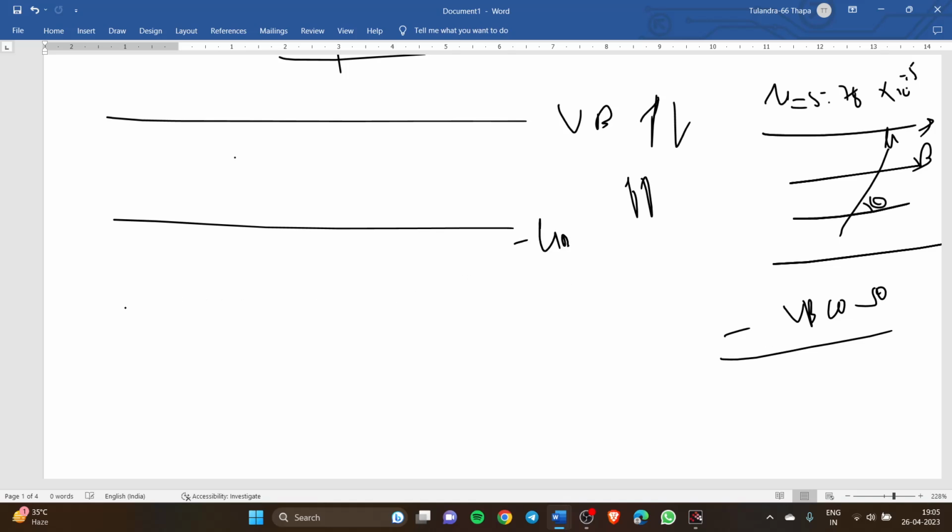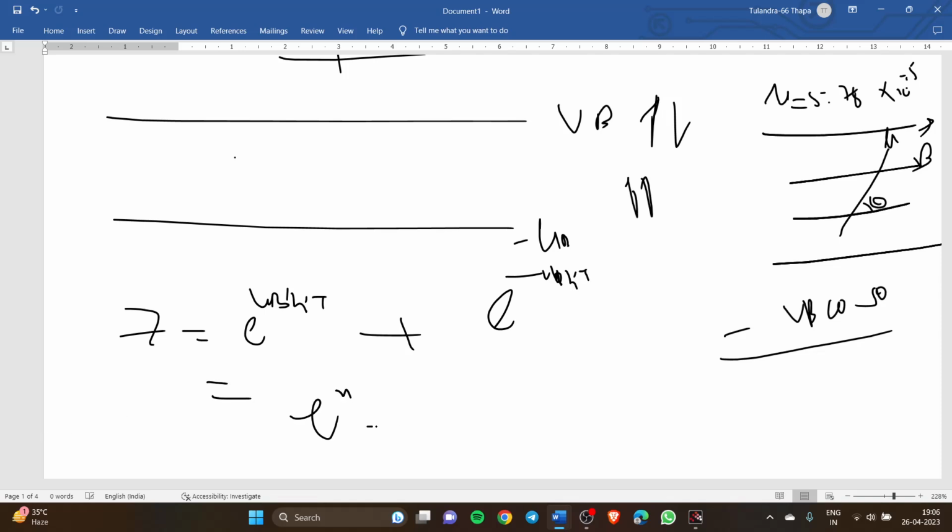Here we have many formulas. Z is equal to e to the power mu B upon kT plus e to the power minus mu B upon kT. This can be written as e to the power x plus e to the power minus x, where x is equal to mu B upon kT, and this is 2 cosh of mu B upon kT.